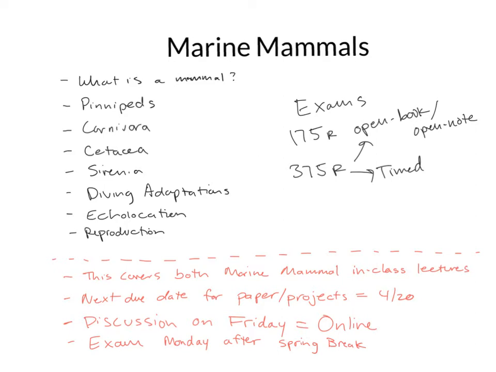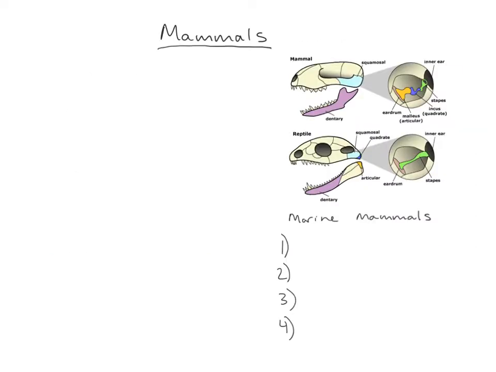All right, so let's get started with marine mammals. First, we need to define what a mammal is, and hopefully this figure over here is familiar to you because we used it for talking about reptiles. And again, the big structural difference that you can always point to between mammals and reptiles is this bone here.